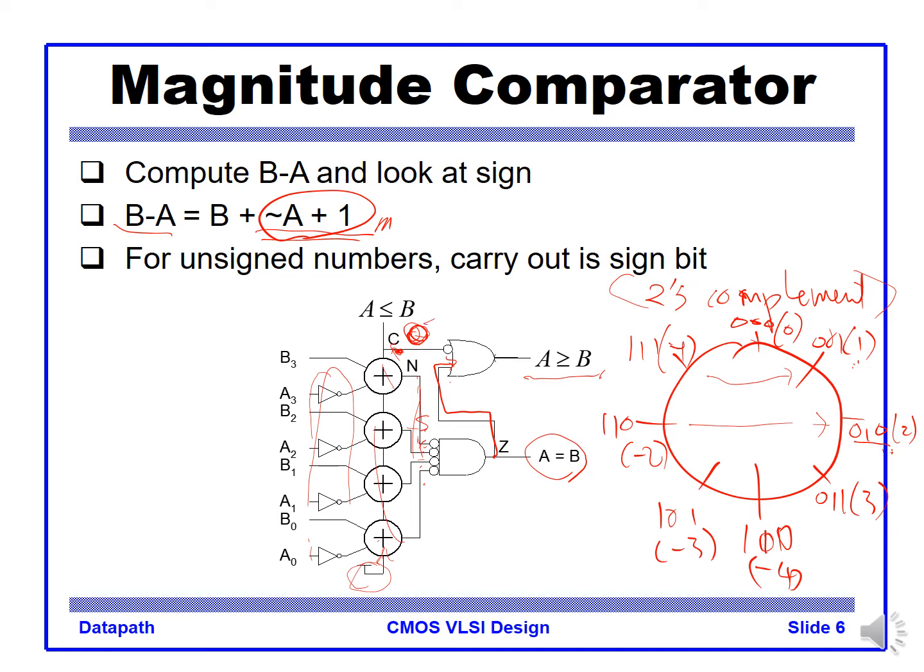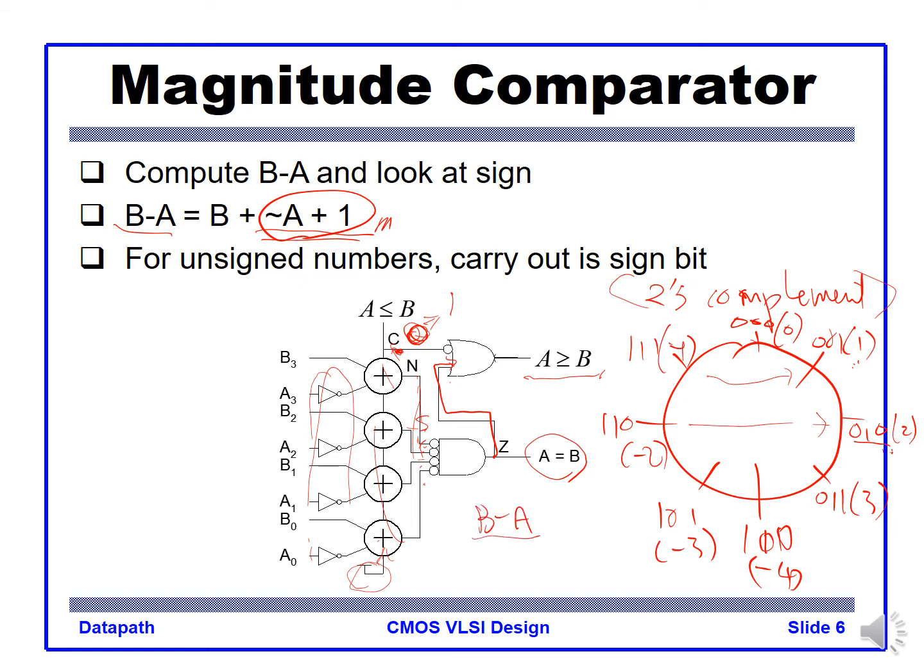If the carry out is 1, and A is less than 1. For example, let's do some operation. We are calculating B minus A, right?